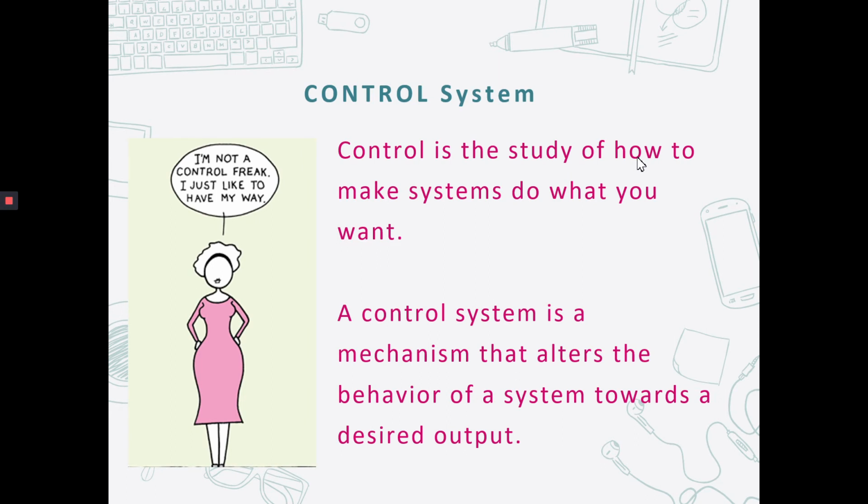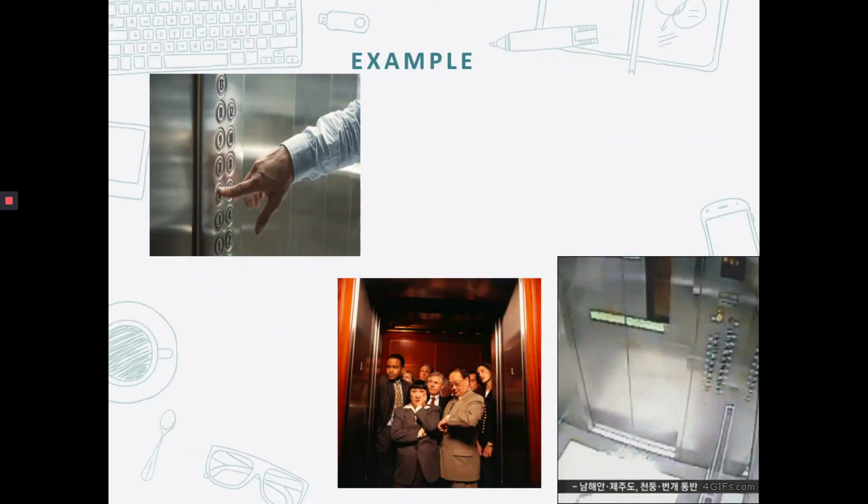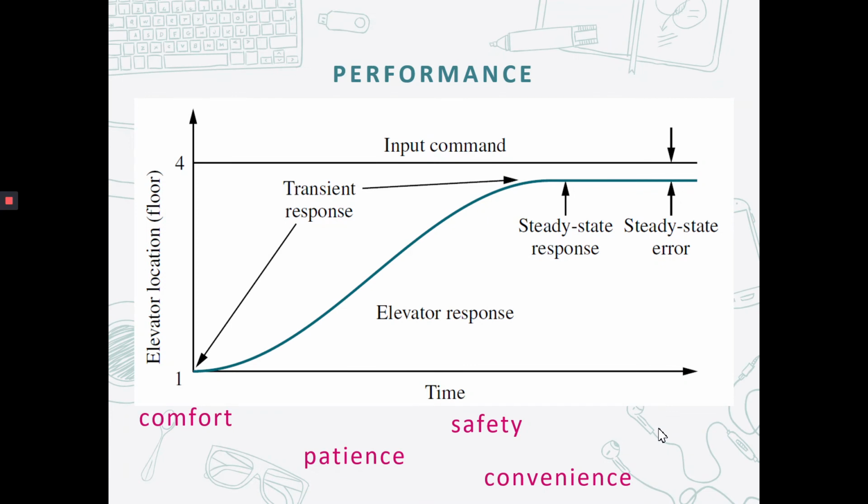Control system is the study of how to make a system do what you want. A control system is a mechanism that alters the behavior of a system towards a desired output based on the specified input. For example, consider an elevator system. When the 4th floor button is pressed on the 1st floor, the elevator rises to the 4th floor with a speed and floor leveling accuracy designed for passenger comfort.